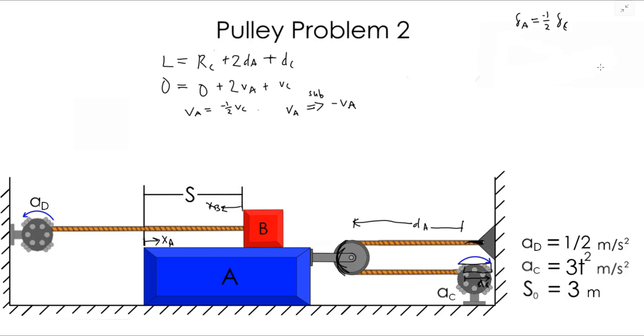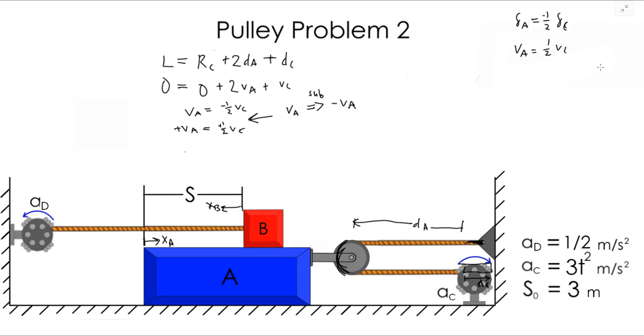When we do that, we get negative VA equals negative 1/2 VC. That makes them both positive, and therefore our equation is just VA equals 1/2 VC.